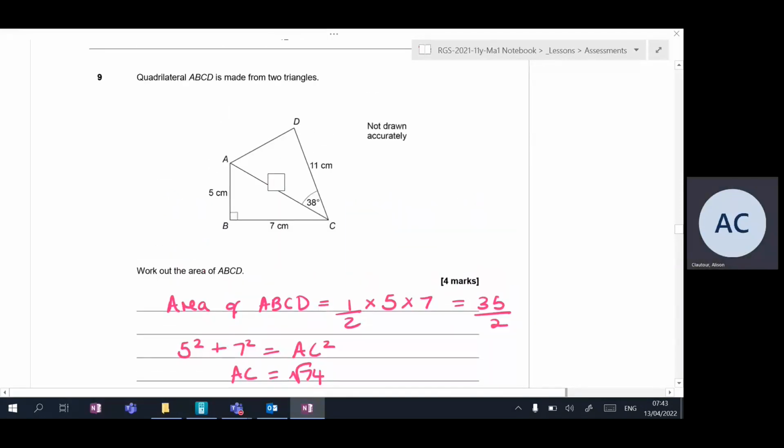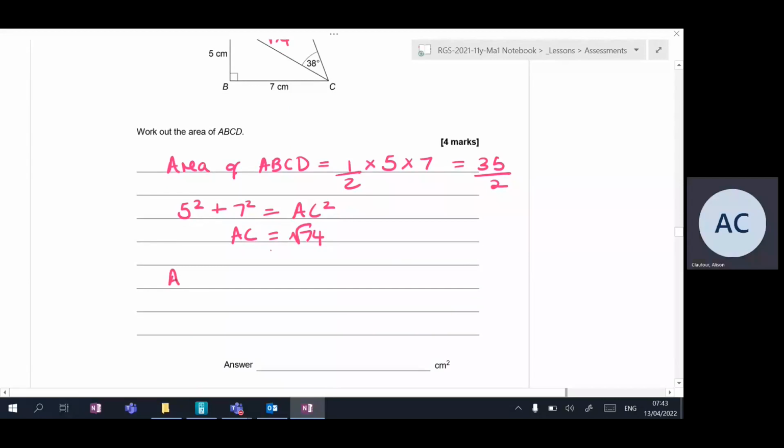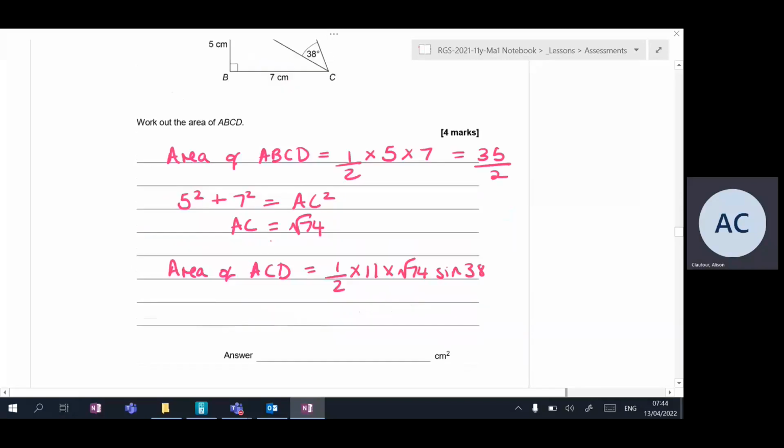Okay, so I now know that this side here is the square root of 74. So the area of ACD is half, and then the 2 sides either side of it, so 11 and root 74, and then sine 38.